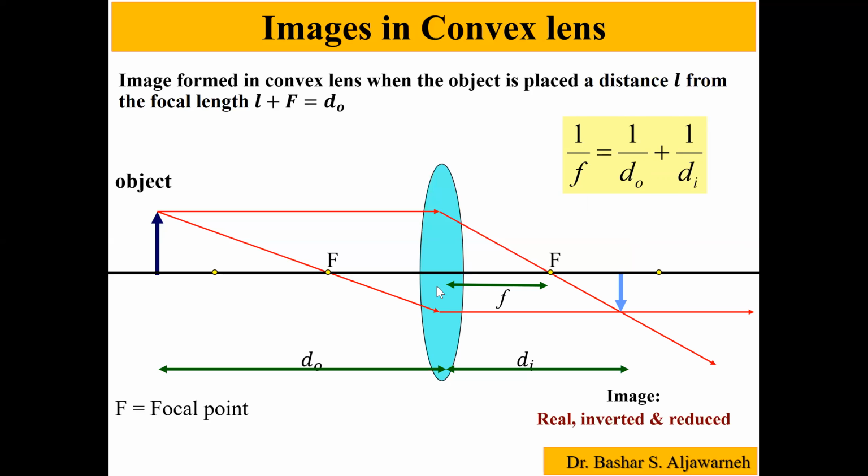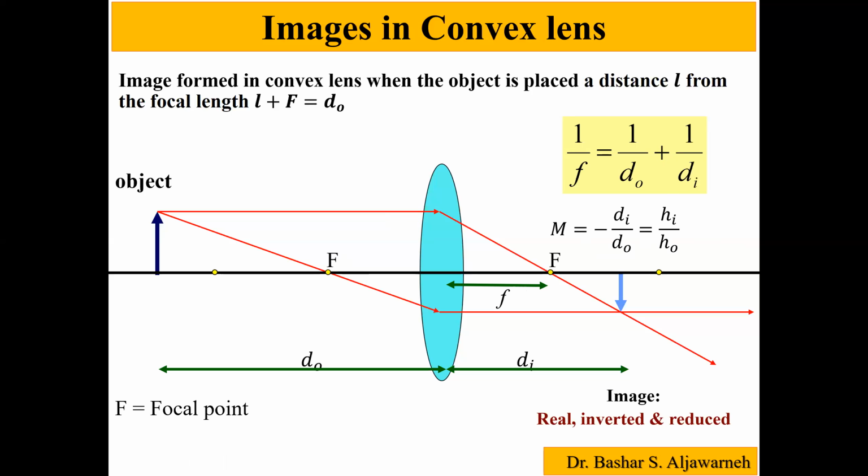Therefore, the default signs for these parameters: the focal length should be positive. The object distance, because it's in the front, should be positive, and the image distance, because it's in the back, should be negative.